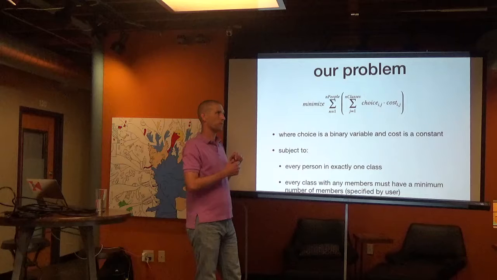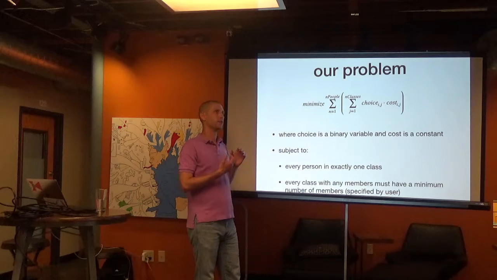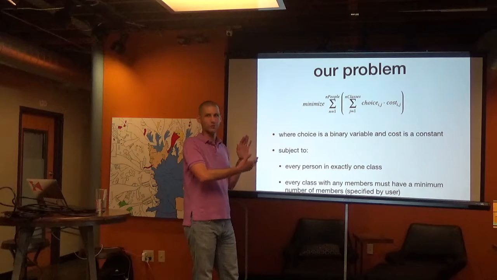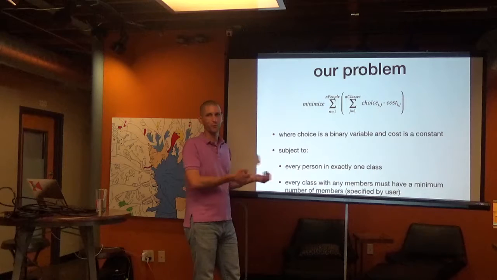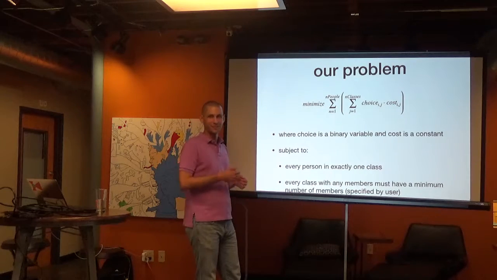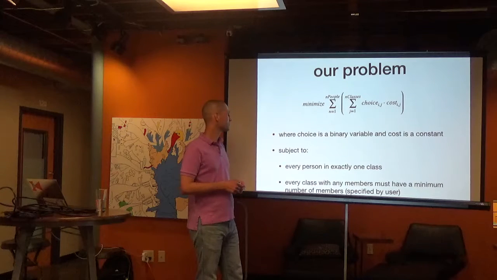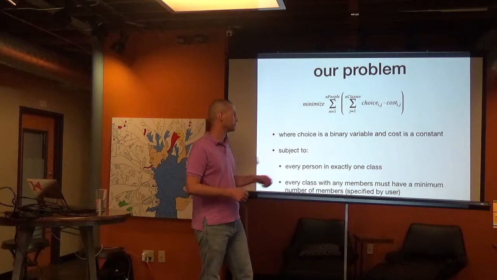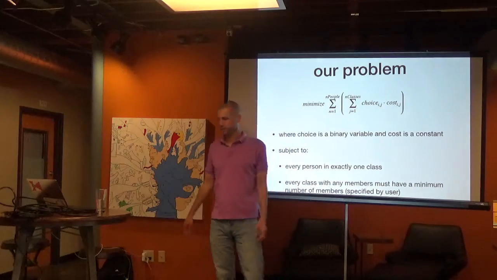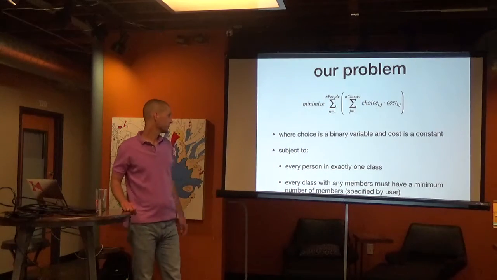So logically thinking through that, it would be a perfect outcome if everyone had only one class and it was their first choice, right? That would be the minimal outcome, assuming we want everyone in a class. We may or may not be able to get to that, just given how the problem's structured, but that would be the best outcome. So choice is the variable, cost is just a constant, so we're given that, we don't have to solve for it or anything.